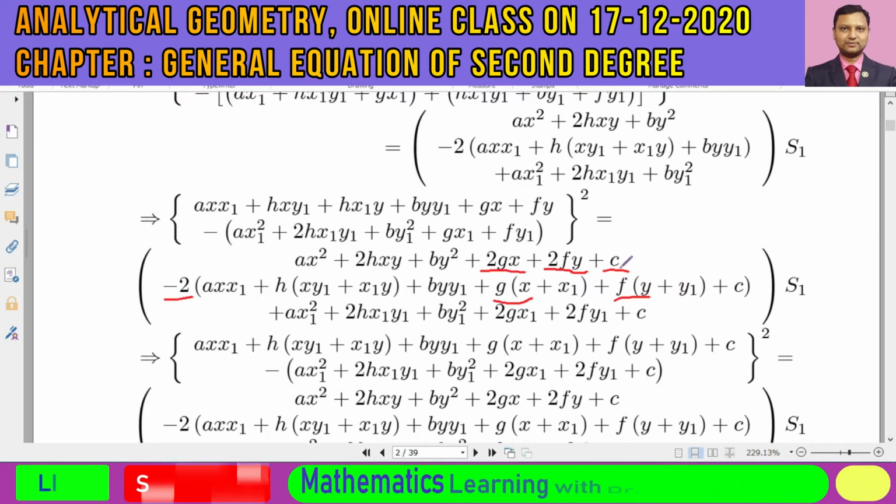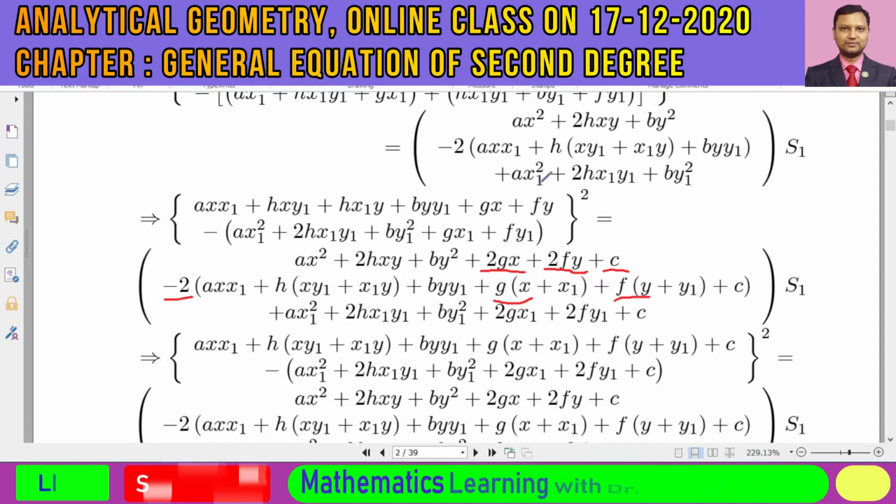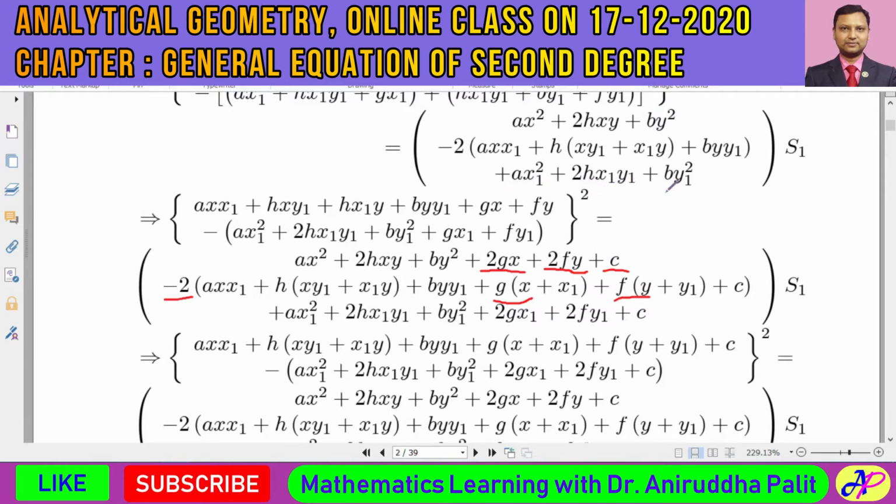In order to adjust this single c, we are making a few more adjustments. Over here you see a x1 square plus twice h x1 y1 plus b y1 square is there. But in this last line we are writing twice g x1, then twice f y1, and then one more extra c. So this c and this extra c would be adjusted with this minus 2 into this c.